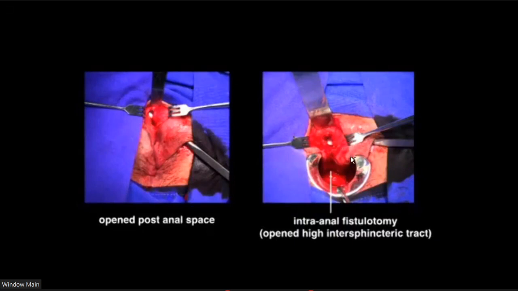Open it, and then we cut everything. No, we do not cut the external sphincter. From here we open the post-anal space. We can cut it or we can preserve the superficial egg here. We preserve the superficial egg in this case. And then we continue to cut the internal sphincter up to the anorectal ring, intra-anal fistulotomy in this case.